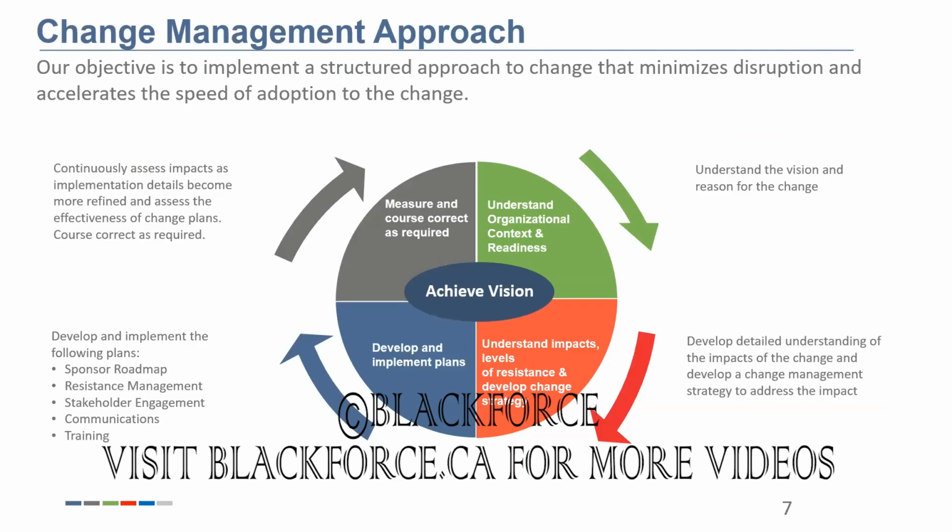Okay? And then we understand the impact, levels of resistance, and develop a change strategy to address it. We will then develop and implement the plans that we need to implement to achieve TopShop 2023. Lastly, we will measure and course correct as required.